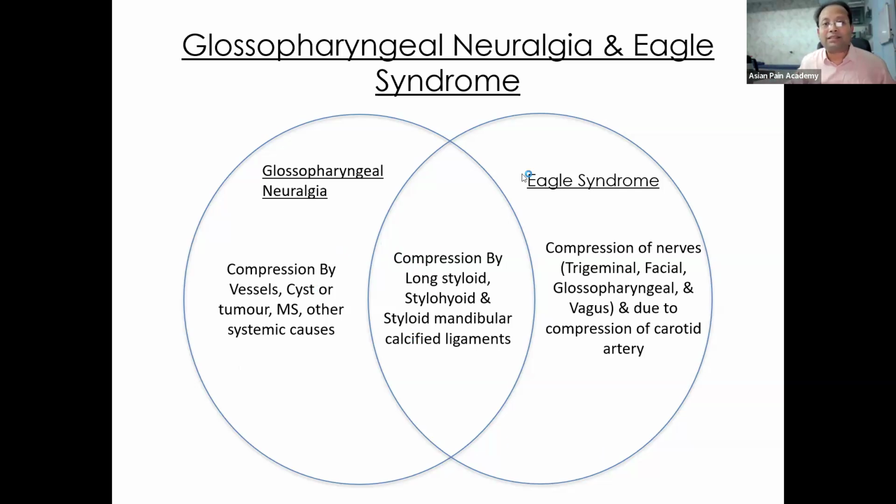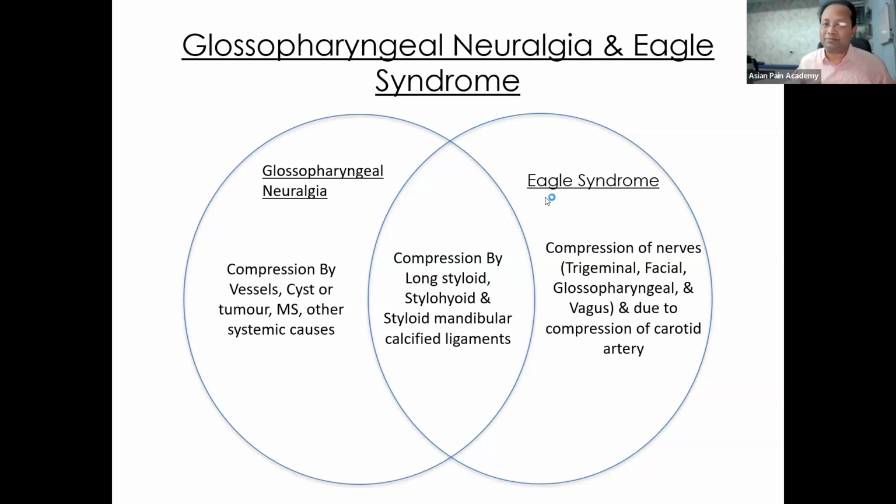Okay, but in Eagle syndrome, which nerve is affected is not important. What is important is what is causing the problem. So in Eagle syndrome, it is mainly the long styloid or the calcified stylohyoid or stylomandibular ligaments. Okay, so if they are pressing only the glossopharyngeal nerve, then also we will say it is Eagle syndrome.